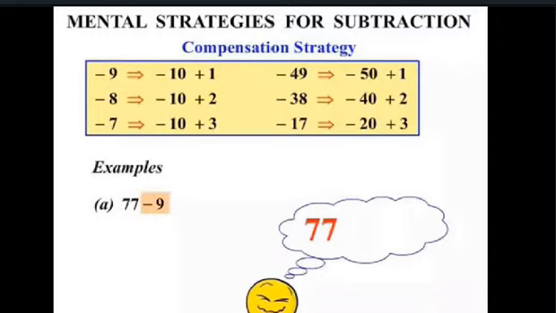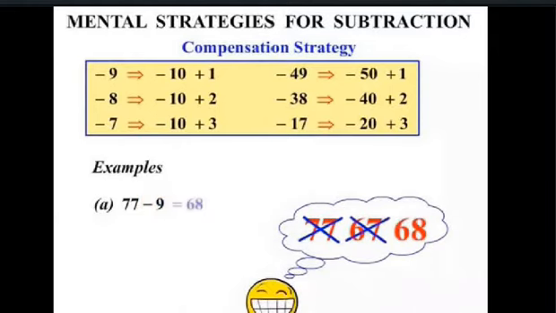Now, we have to subtract 9. So what we can do is subtract 10, then add 1. 77 subtract 10, we will get 67. And now, we still have to add 1. So the answer is 68.